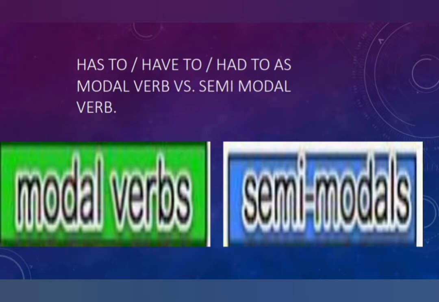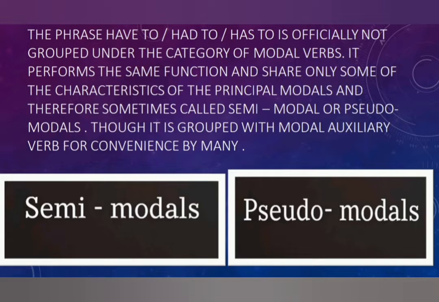Some of the grammarians prefer to call them semi-modals instead of modals, and there is a reason for that. The phrase has to, have to, and had to is officially not grouped under the category of modal verbs.